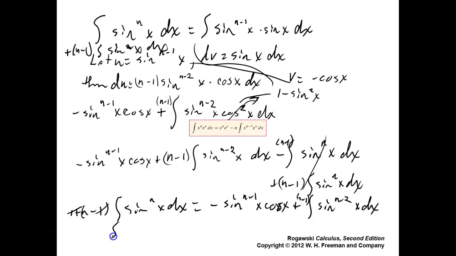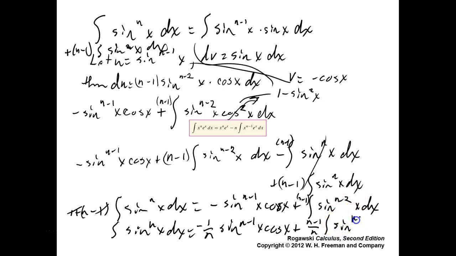So you have the integral of sine to the nth x dx is equal to minus 1 over n, sine to the n minus 1 x cosine x plus n minus 1 over n times the integral of sine n minus 2 x dx.